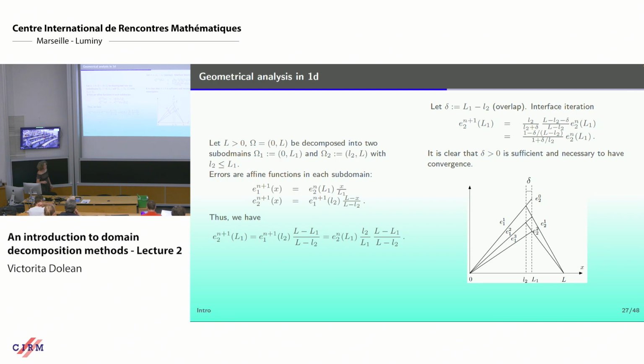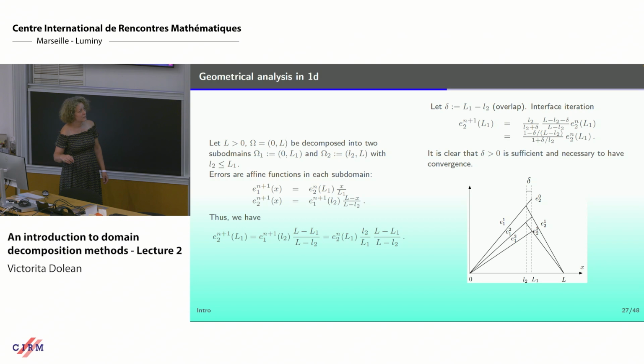I compute the error in the first domain, which is E11. And then I give the error at this interface to the second domain, which will compute the solution here. And it will transmit the solution to the first domain, which will compute again the solution, and so on, right? So you see that the error decreases as the iterations go. And this decrease is made possible because of this overlap here.